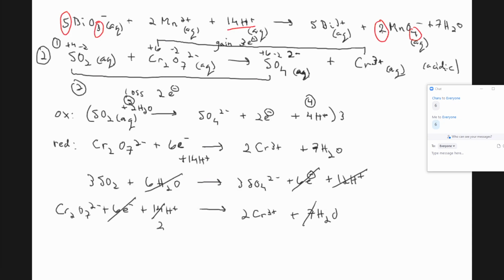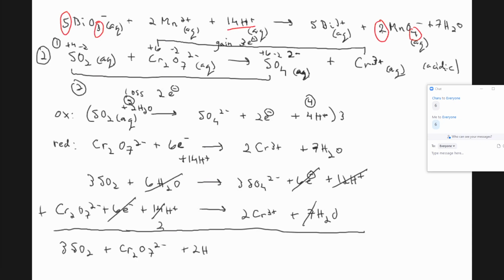Okay. And then you just basically do this like you would a mathematical equation. We just add down. So left-hand side, we have 3 sulfur dioxide plus dichromate ion plus 2 hydrogen pluses.